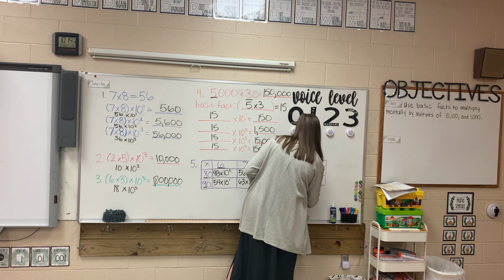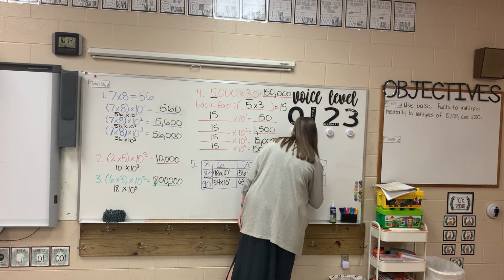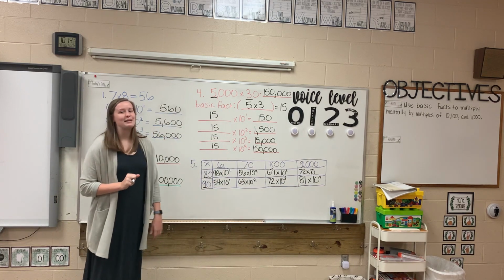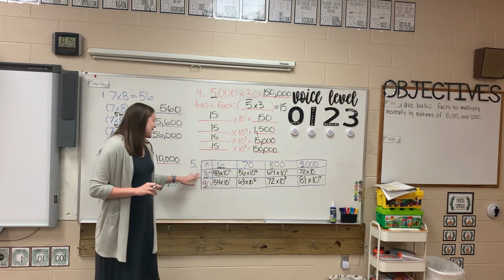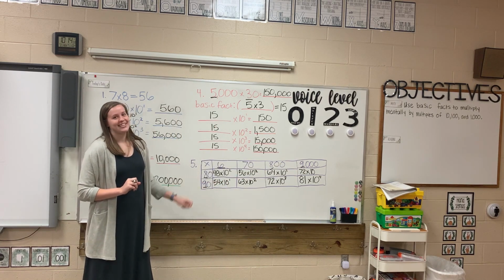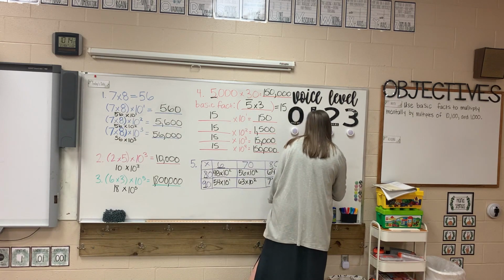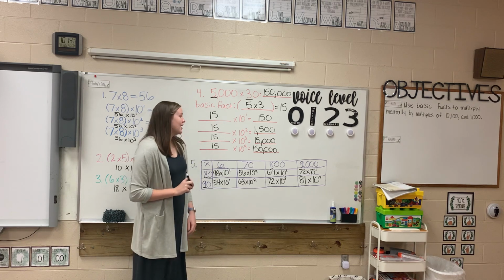What is it? 72. So 72 times what power of 10? 9,000 has 3 zeros. 80 has 1 zero. So we need 4 zeros. So we have 72 times the fourth power of 10.